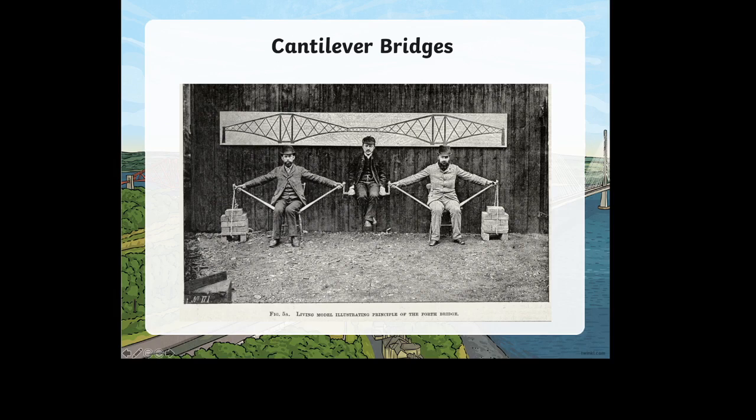And then it's the same on the other side. And then we've got bricks to weigh these bits down. This guy in the middle, he's not actually touching the floor. He is being kept up by the two people at the side and these weights. So this is for the Forth Bridge, which is the one in Scotland.